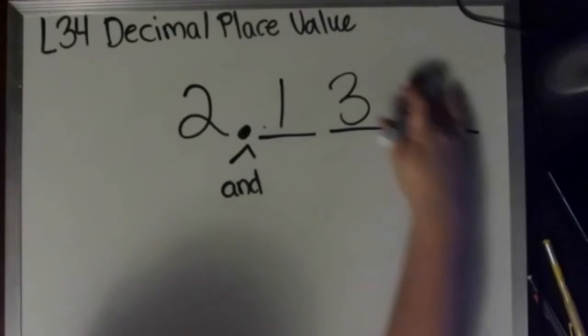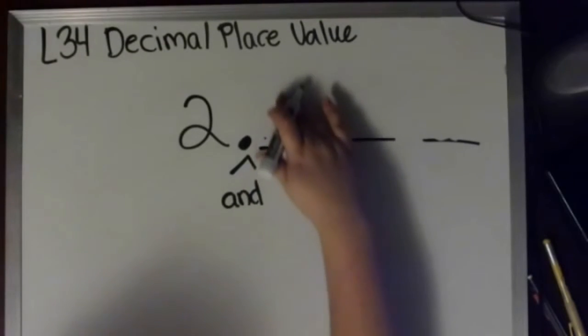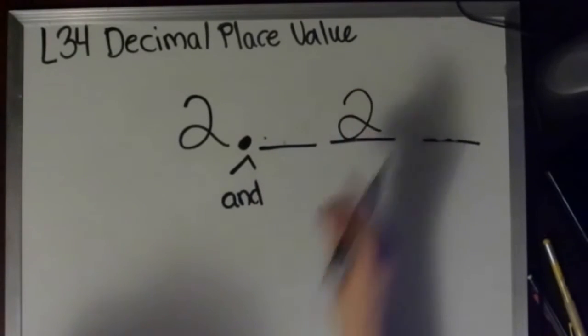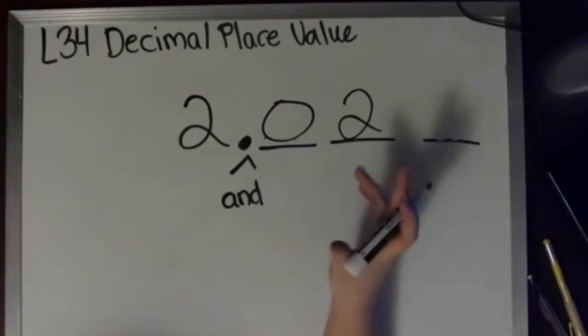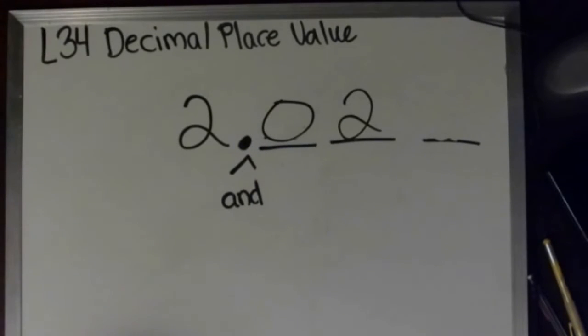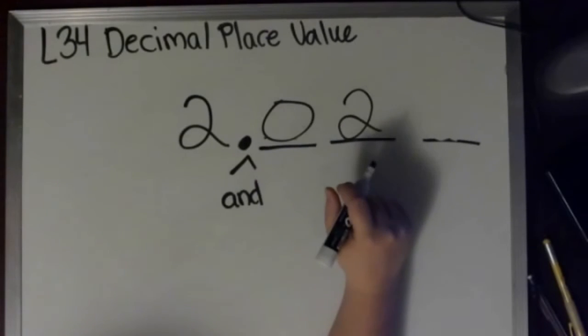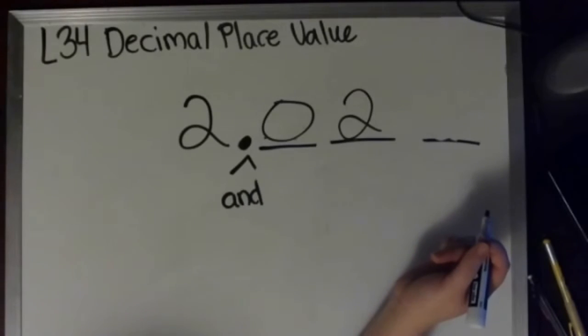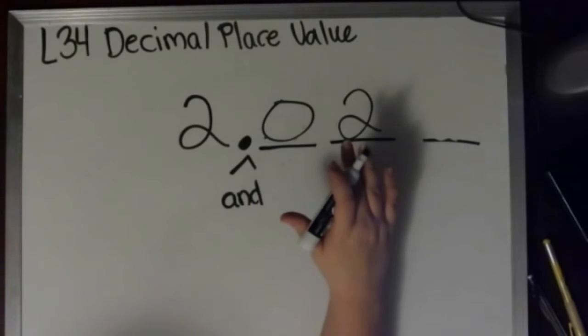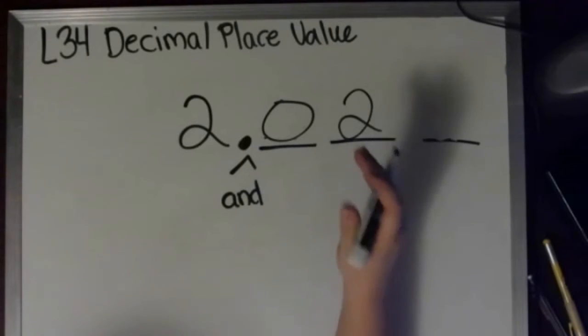Okay, what if I had this number? Remember that 0 is still there to show you that nothing is there. This is 2 and 2 hundredths. Remember, you always say the last place value you have a number on. This is 2 and 2 hundredths, not 2 and 20, 2 and 2 hundredths.